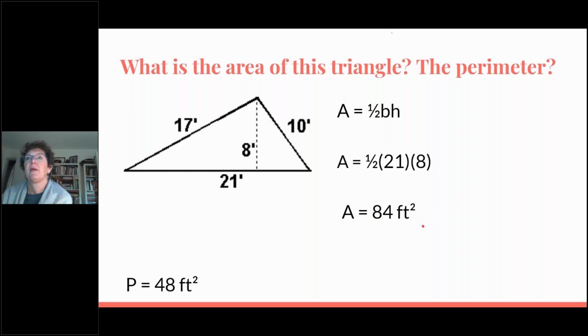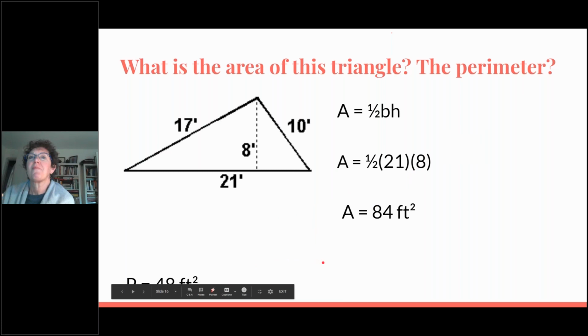Perfect. And then what is the perimeter? The perimeter is 31, 41, 48. It is 48, because instead of adding the 8 as one of the sides, I did the 10.